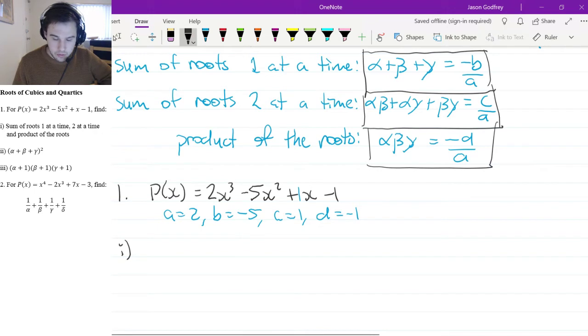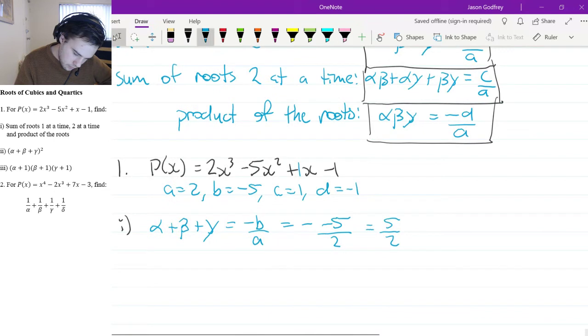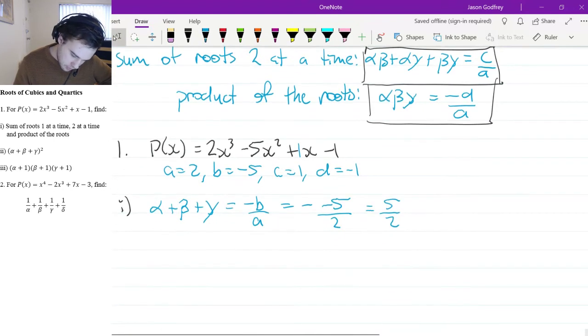So for the sum of the roots one at a time means alpha plus beta plus gamma, and that equals negative b on a, which here b is negative 5, so negative negative 5 on a is 2, which is 5 on 2. Then the sum of the roots two at a time means where they're all paired off like this is equal to c on a.